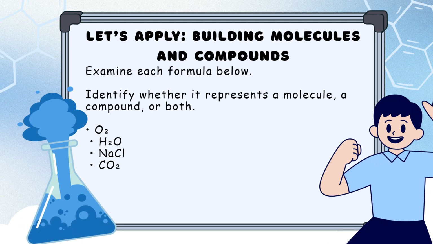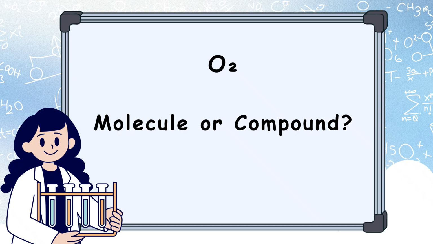Now let's put this into practice. Take a look at each formula and decide whether it's a molecule, a compound, or both. Here we have the formula for oxygen. Now let's think. Is this a molecule or a compound?